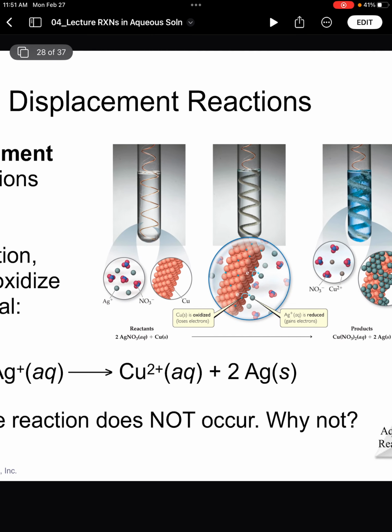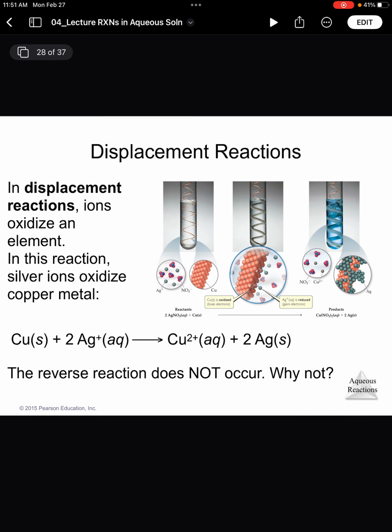gave up its electrons. It's a metal. Most solid metals, according to the metallic structure, have their nuclei floating in a sea of electrons. They have plenty of electrons. They're frequently happy to give them up, and in this case it gives them up to another metal, silver. And that silver ion becomes elemental silver, becomes reduced.